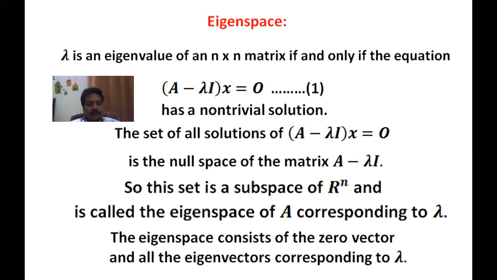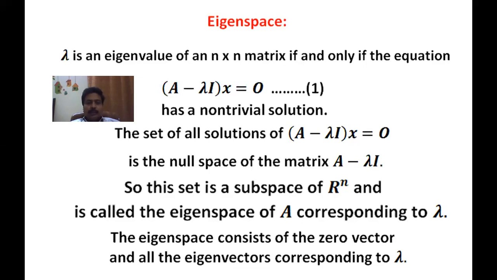So eigenspace is the zero vector union all other eigenvectors corresponding to lambda. So in addition to the eigenvectors, zero vector is also available in eigenspace. Otherwise, it will not be a subspace.